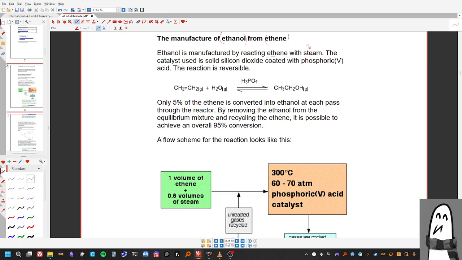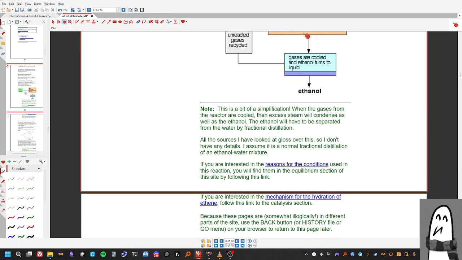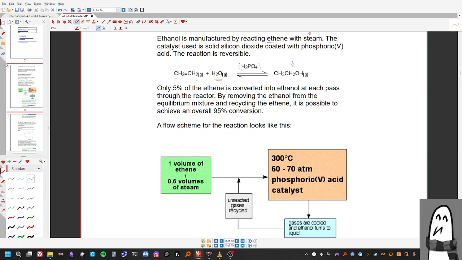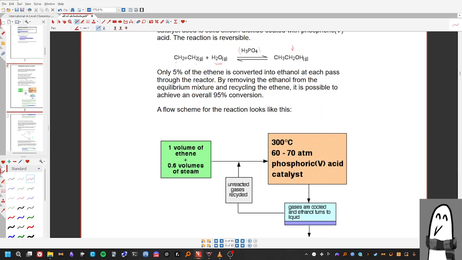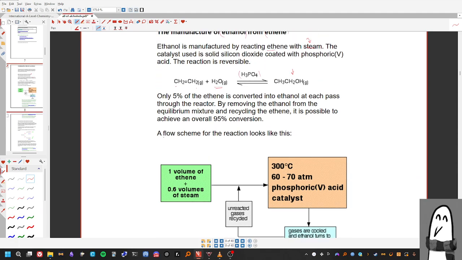The catalyst that you use is phosphoric(V) acid, right? So again, you have your ethene, your H2O, your catalyst, and you'll form this in the end. Now there's probably a mechanism going on here. Yep, there's a mechanism. We'll go to it, although I think we do know it. And over here we have your conditions.